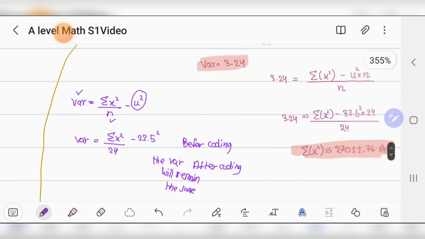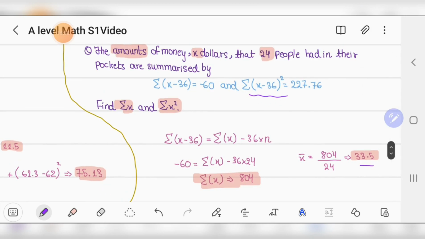I'm going to calculate the variance of this one. I could just use this, and this is after coding, this is before coding. So before it was this, but after coding it is this. Since this is after coding, I'm going to calculate the variance using this.